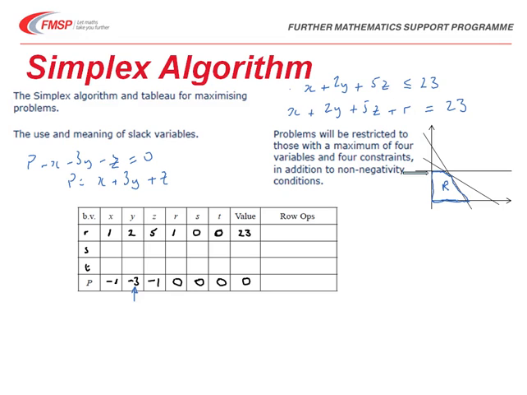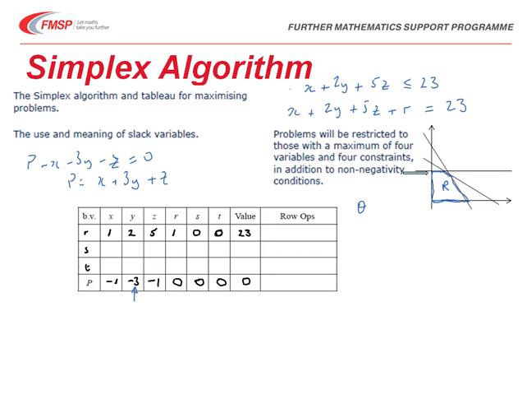Now this is what's happening when, using the Simplex algorithm, we calculate what are called the theta values. These are the current value divided by the element which is in this column that we've just indicated. This is called the pivot column.